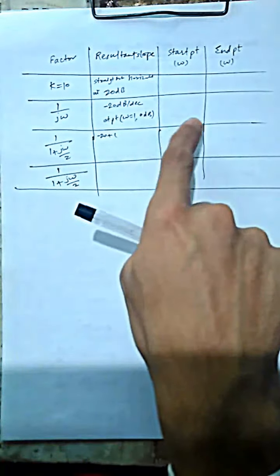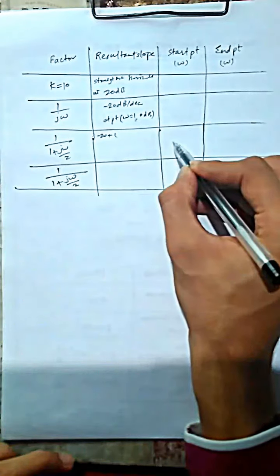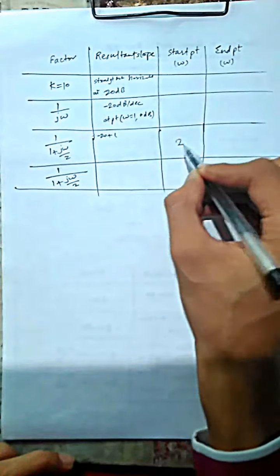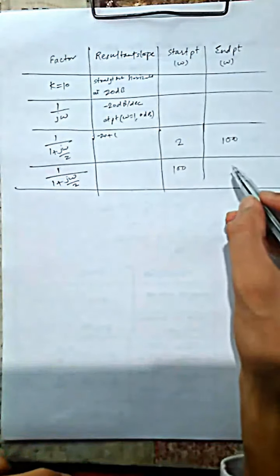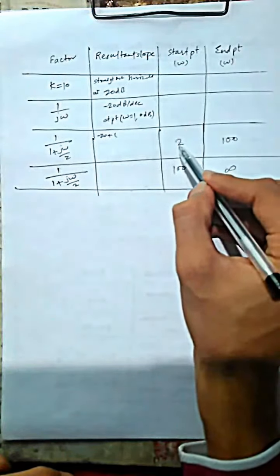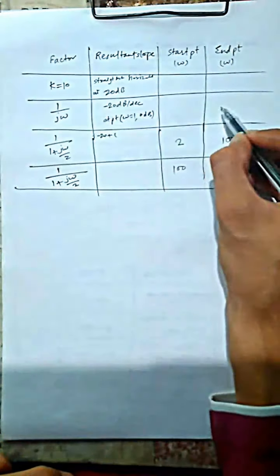So we need to see the starting and end point of each term. Since we got the first column frequency from this term and second from this term, simply write here the first column frequency, which is 2, and it ends at 100. Similarly, this one starts at 100, and we don't know where its end point is, so simply write 100, and whatever value this starts at, make it the end point of this term, so write 2 here.